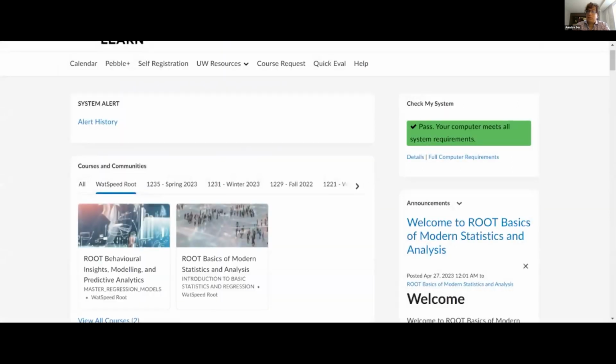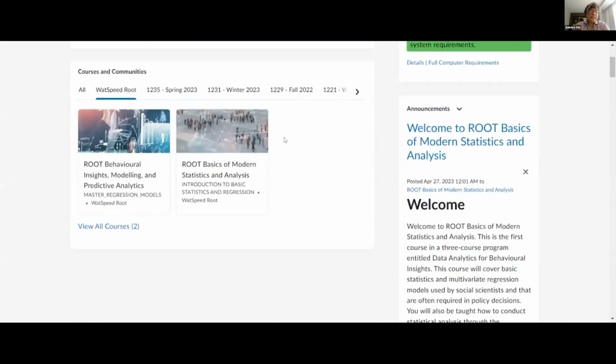The way our WattSpeed program is set up is that we talk about data, telling stories with data, and coding in R, and regression analysis in the first module.